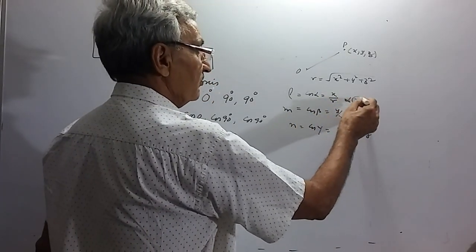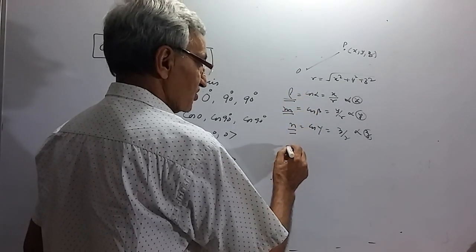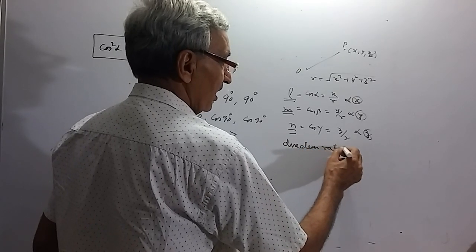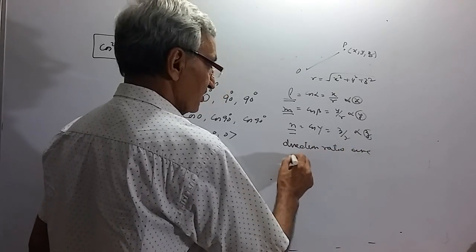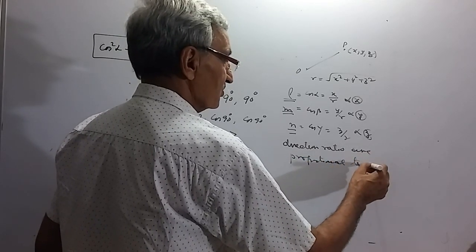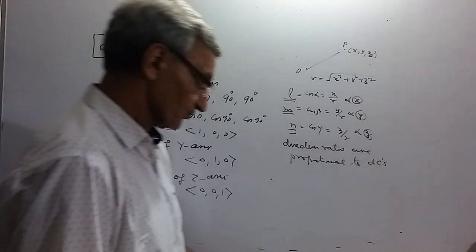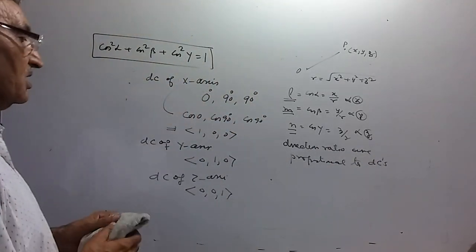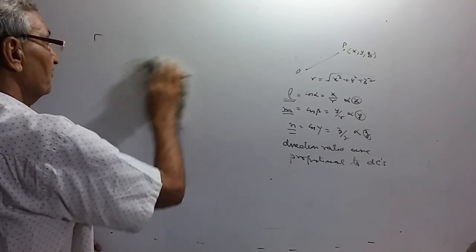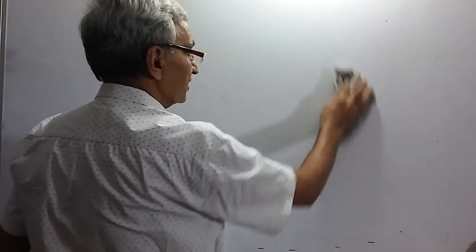Any numbers which are proportional to direction cosines are known as direction ratios. Direction ratios are proportional to direction cosines. Direction cosines are unique for a line. When a line is given, the direction cosines are very unique.